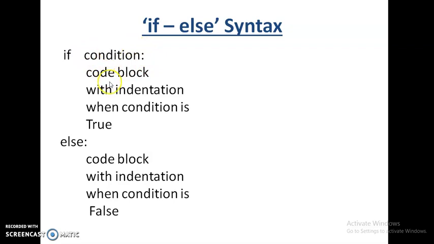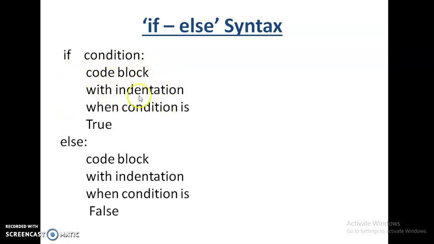Now let us understand what a code block is. A code block is basically a small part of source code, a small block of source code. That is, it contains a few lines of instruction within a single code block. Since this code is written in the form of a block of a few lines of instruction that belong to this if keyword, it is called a block of code.